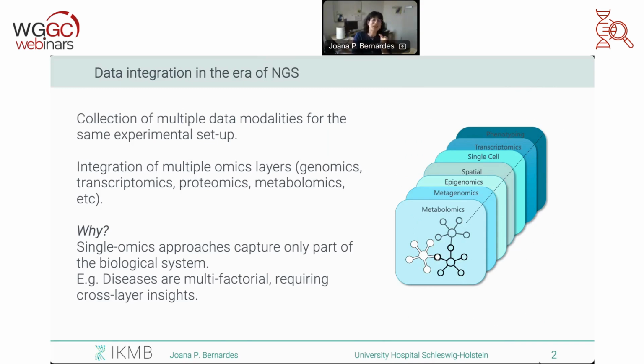This is interesting, but it also creates some problems intrinsic to the analysis of multi-omics. For example, single cell approaches, if not longitudinal but cross-sectional, capture only a part of the system, like a snapshot.